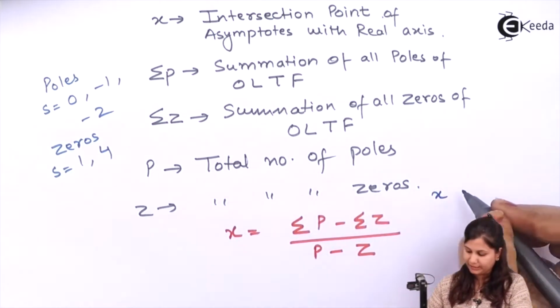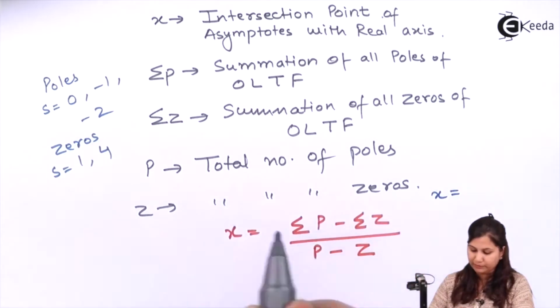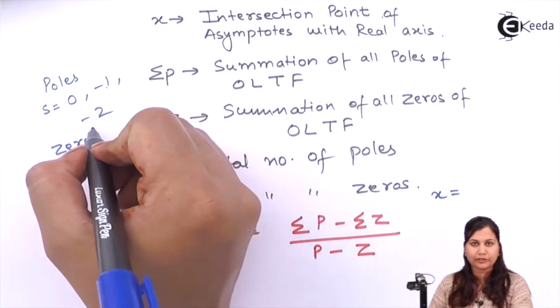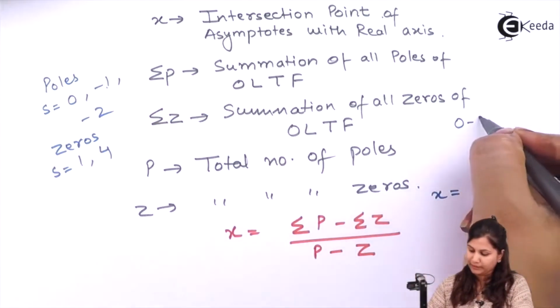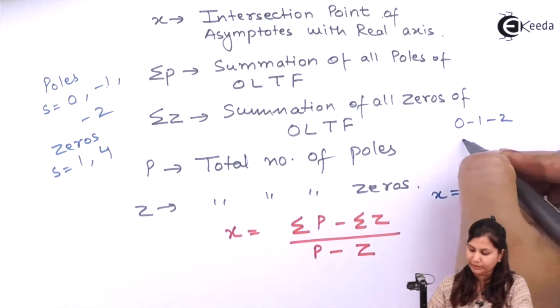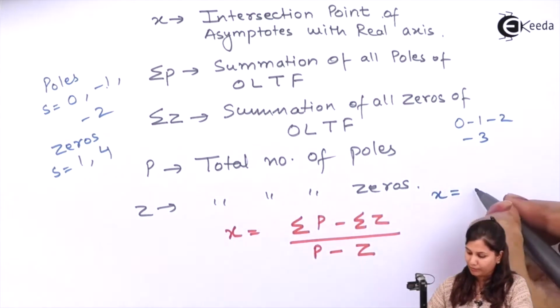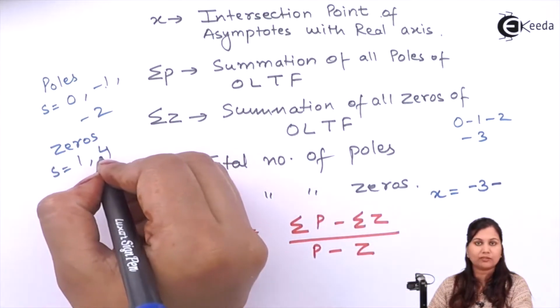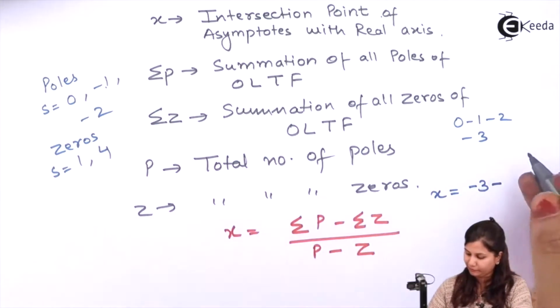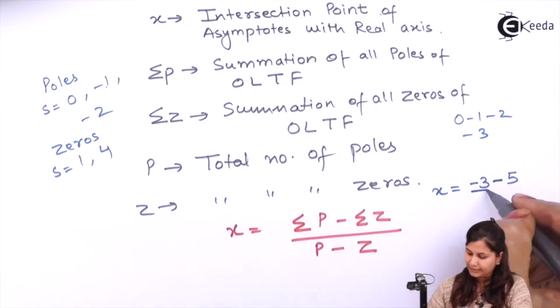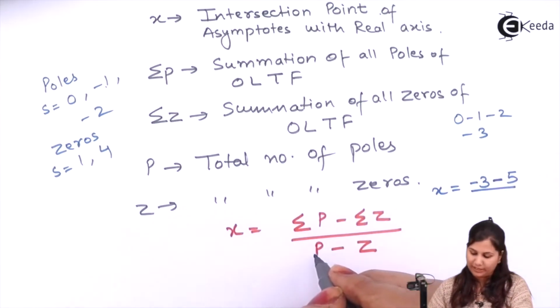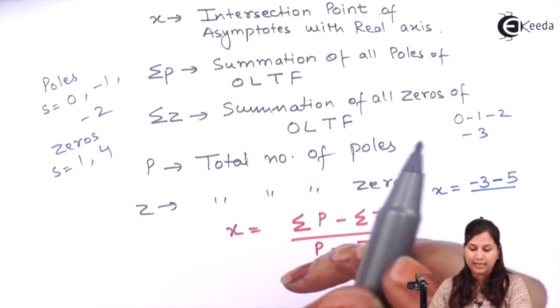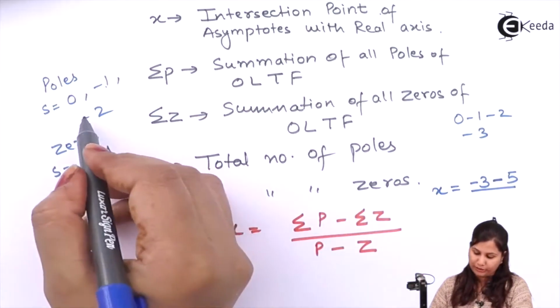X equals summation of poles, which is 0, minus 1, minus 2, so that will be minus 3. Then minus the summation of zeros, which is 4 plus 1, that is 5. Then how many poles do we have? We have 3 poles and 2 zeros, so 3 minus 2.